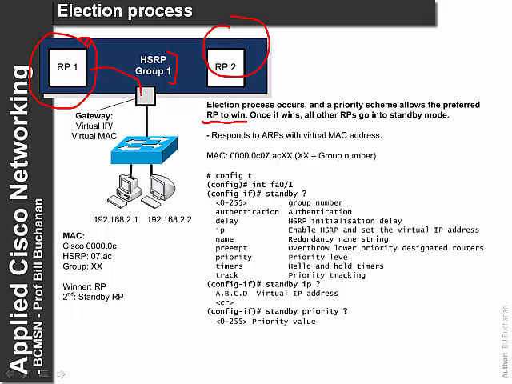So in the election process, RP1 will be the gateway for this group. So we can see here that the election process involves identifying their group number, and then we can actually identify what the standby address is and the standby priority.